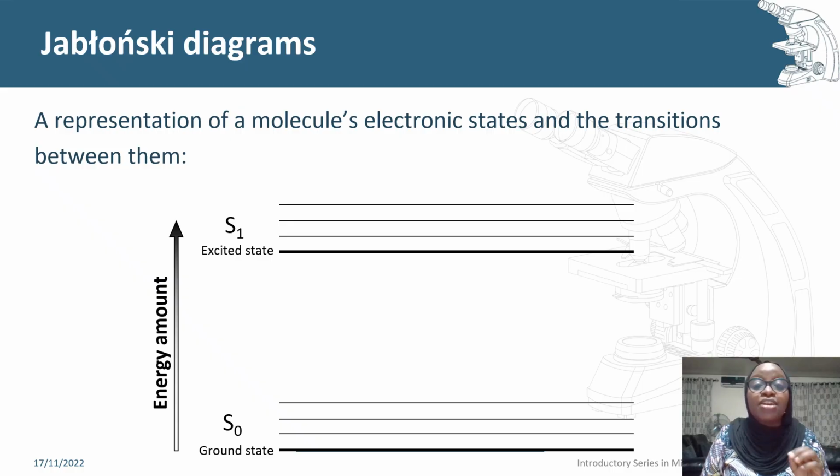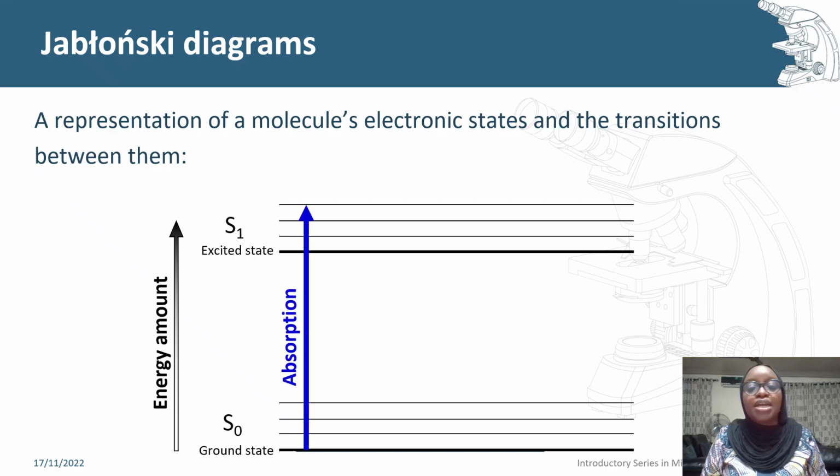If there is enough energy, the electron will become excited and move from the lower energy ground state, which is S0, into a higher orbital energy, which is the excited state, that is S1. Once it is in this excited state, the electron can lose a small amount of energy.